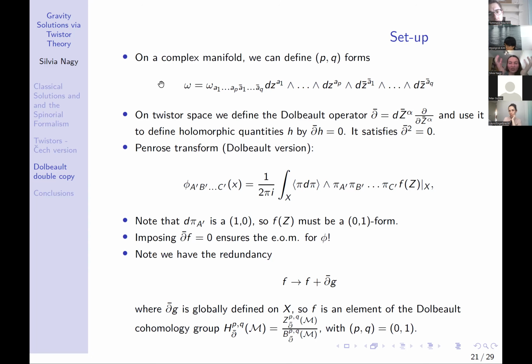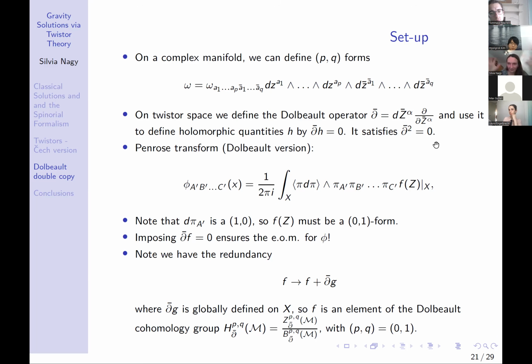On a complex manifold, these are just some very basic reminders. We can define (p,q) forms by separating into the holomorphic and anti-holomorphic part. So when I say I'm writing a (p,q) form, I mean something of this form. I have these Zs and then these Z bars. And then going to Twistor space, we define what we call the Dolbeault operator, the partial bar, in terms of these conjugate Zs.